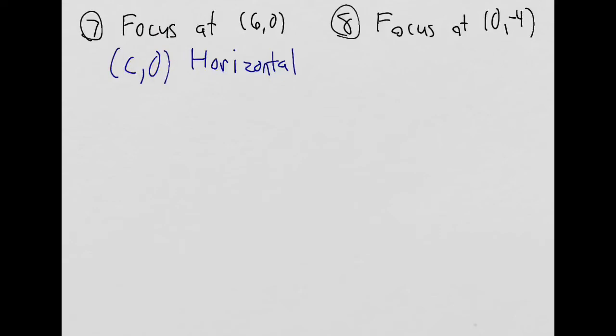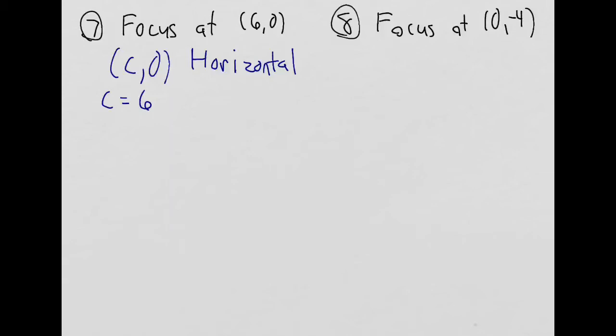It would be a vertical if this had a number. We'll look at number 8 in a second, which is the other case. Since this is a horizontal parabola, I know this right here is my equation for my focus. So, easy enough, that means c is equal to 6. So, to write the equation, I just have to write it out now.